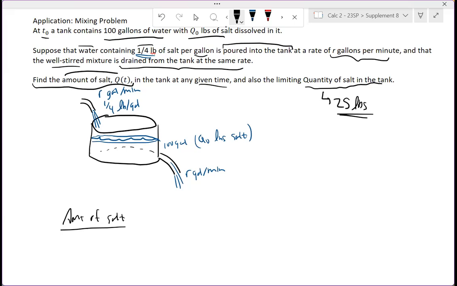It can be difficult to attack this directly. But what I really know a lot about is how the amount of salt changes instantaneously in time. So really I know the flux, the flow in and the flow out.